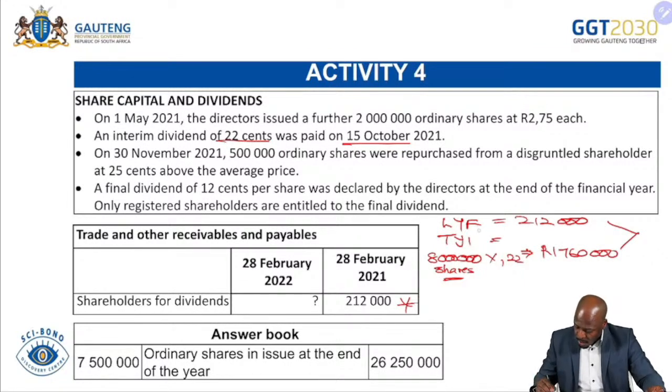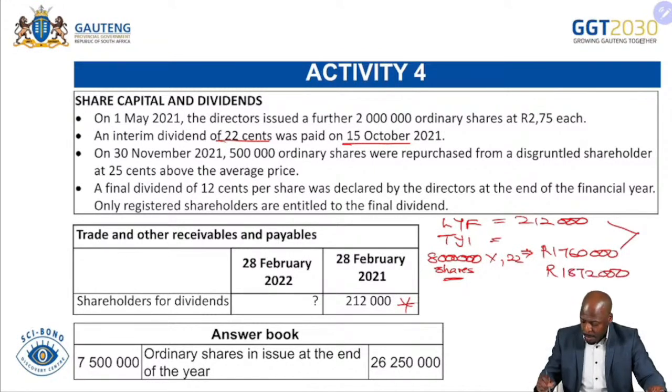So if you add last year's final, which is 212, plus this year's interim of 1,760,000, you should end up with 1,872,000. Remember, this 8 million, you would have to open note number 7 to get.